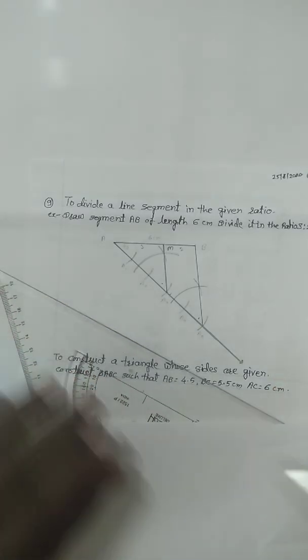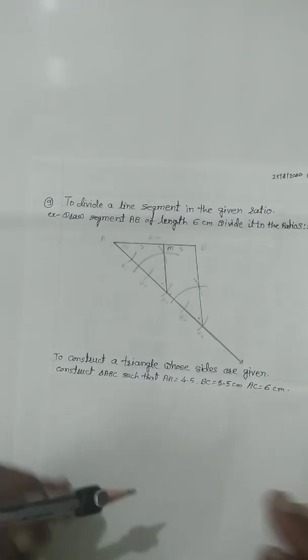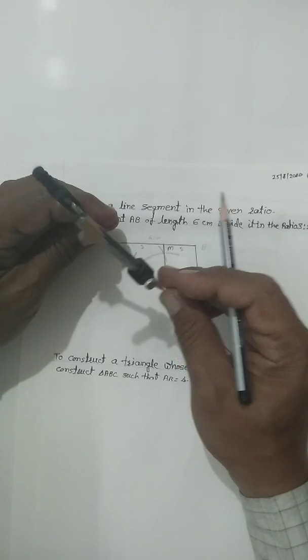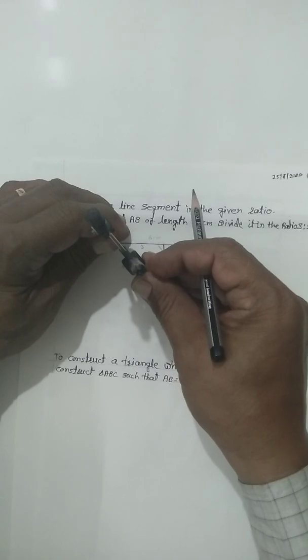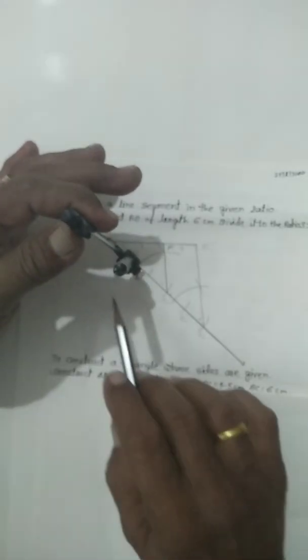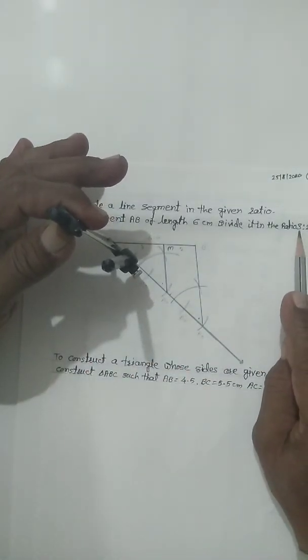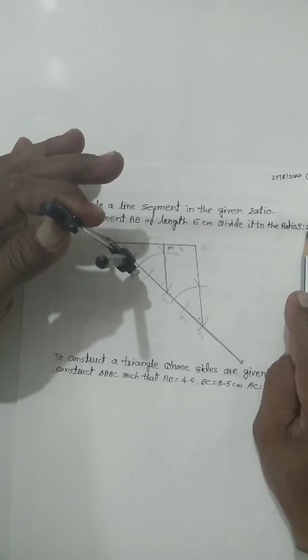Now take some distance between the two terminals of the compass. The distance is not accurate, it is approximate, like this, and draw the 5 arcs on this ray, 3 and 2, 3 plus 2, 5.